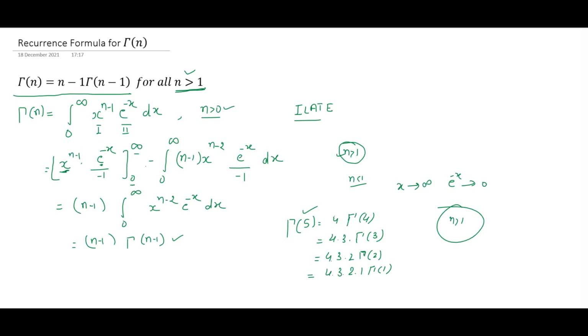Okay, now we will see some other consequences of this formula. This is a particular case: if n is a positive integer, then this reduction formula, recurrence formula, n minus 1 gamma n minus 1 will be turned as n minus 1 n minus 2 gamma n minus 2.